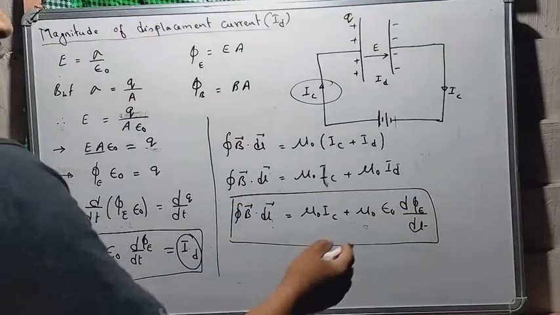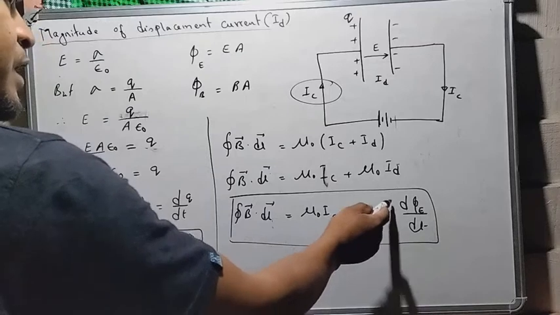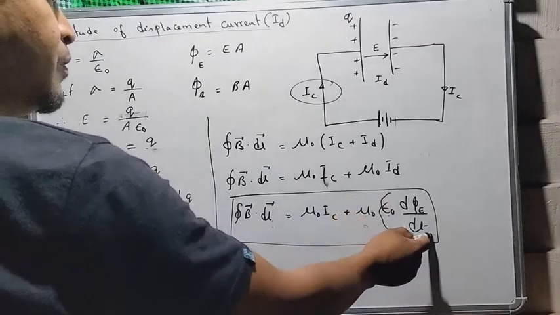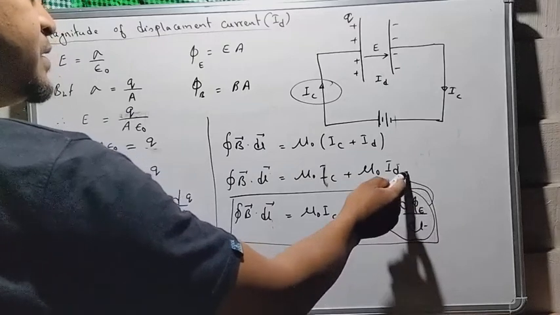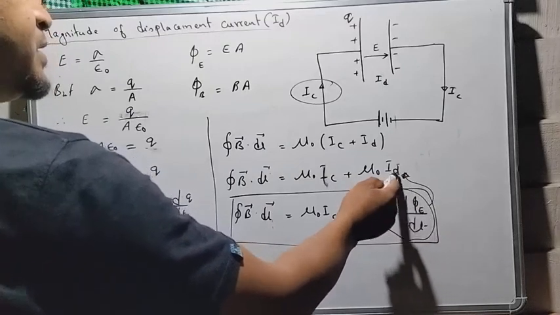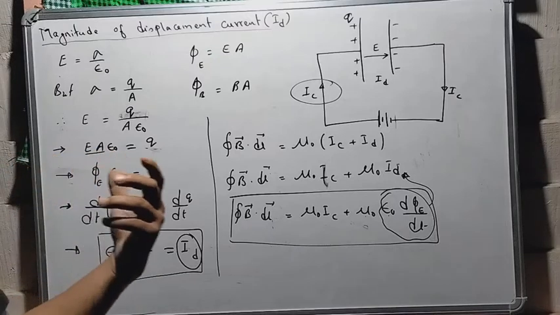This term, epsilon naught d phi E upon dt, should have the same dimension, or the same unit, as current.